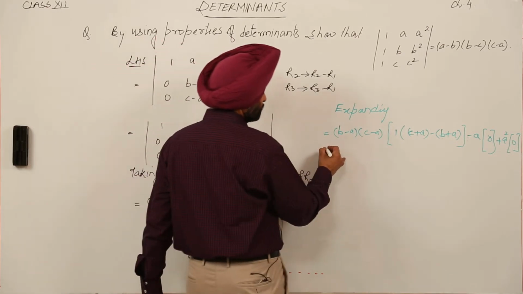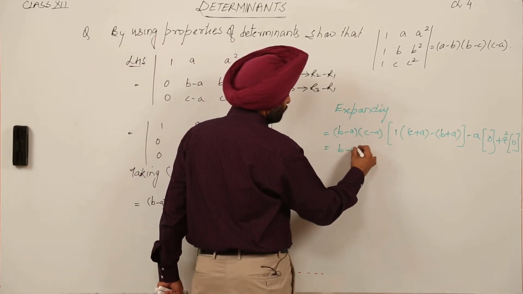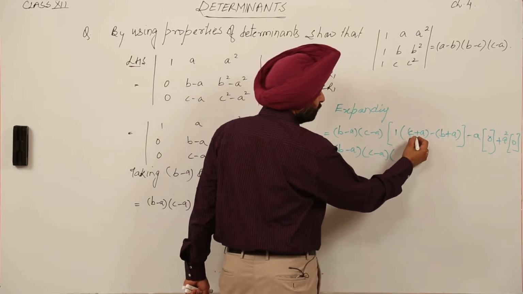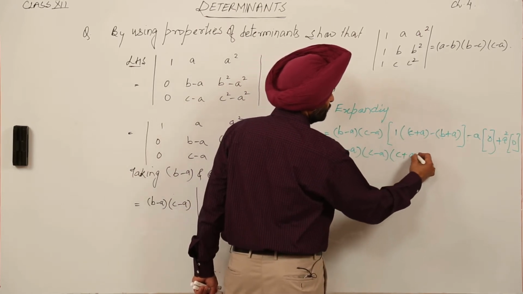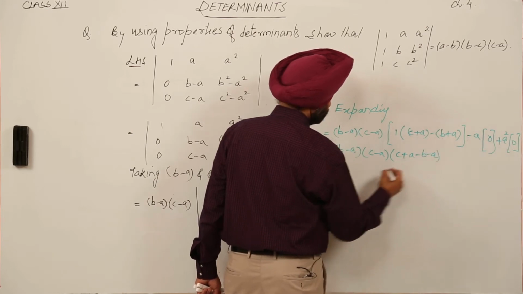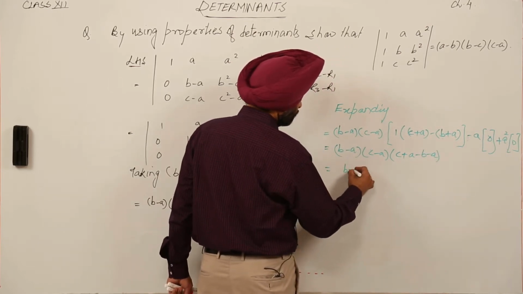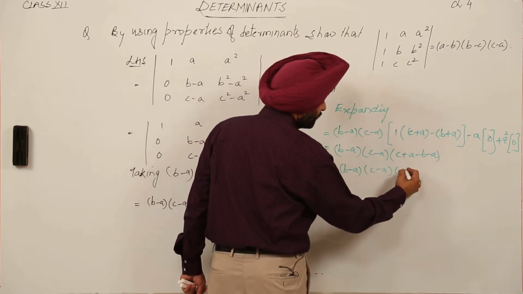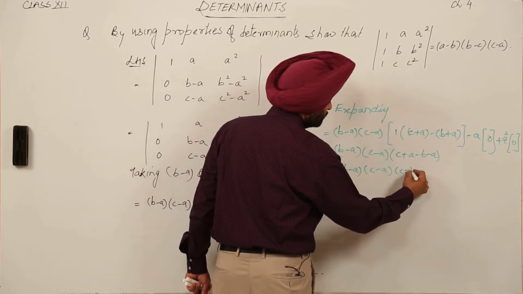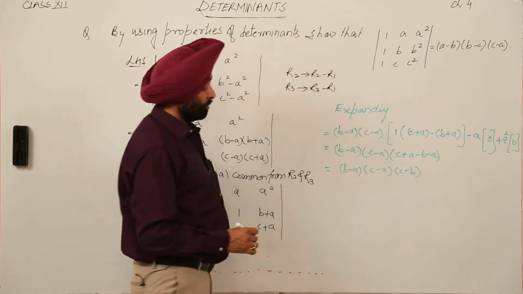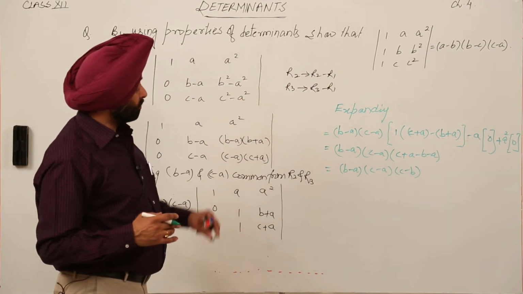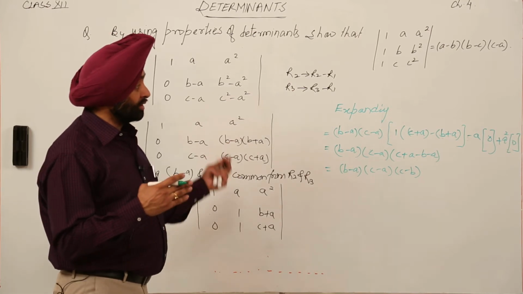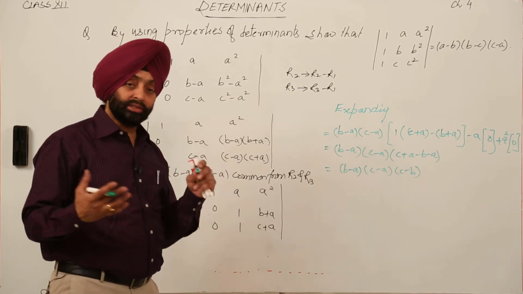So now this becomes b minus a, c minus a, and now c plus a minus b minus a. So we are having b minus a, c minus a, and here it becomes c minus b. Now what we want is a minus b, we are having b minus a. We want b minus c, we are having c minus b. We want c minus a, c minus a is there.